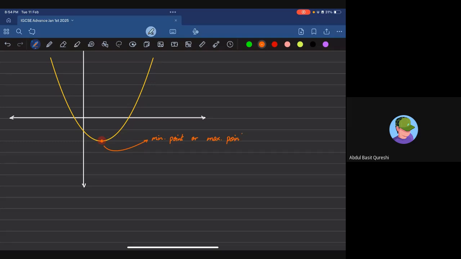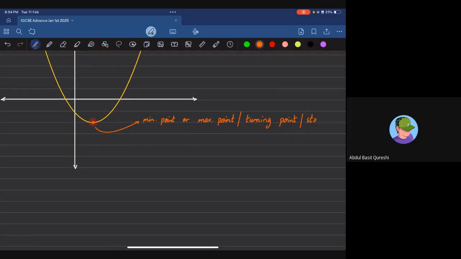This is known as the minimum point or the maximum point. It is also known as your turning point. Why is it known as your turning point? Because after this, the graph actually takes a turn. It is also known as your stationary point.